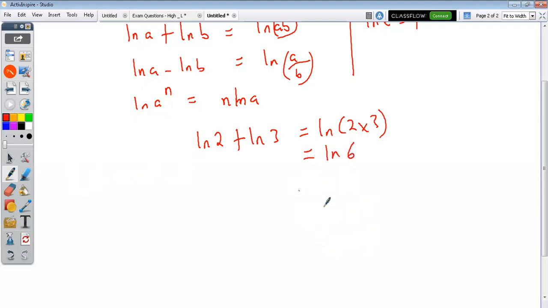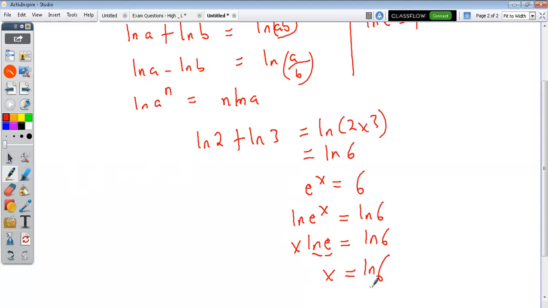If I say e to the power of x is equal to 6, in maths we take lns on both sides: ln e to the power of x is equal to ln 6. Then this is x ln e, which is equal to ln 6. But ln e is equivalent to 1, so therefore x is ln 6.